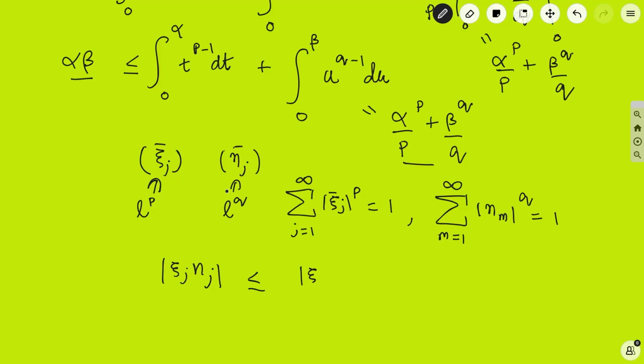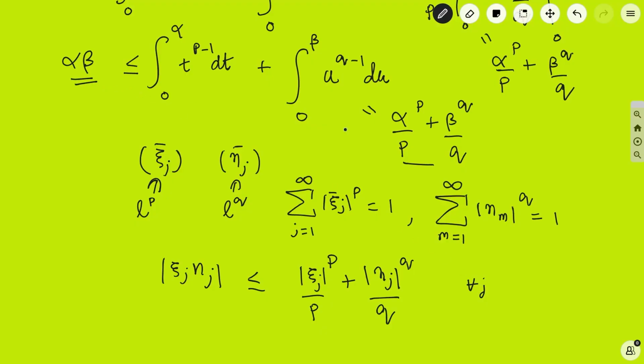These 2 sequences need not be positive, but you can always take the absolute magnitude and make those terms positive. And when you multiply, this is bounded above by the j-th term of the first sequence to the power p by p plus eta j to the power q by q. You have this for the j-th term, and this holds for all j.